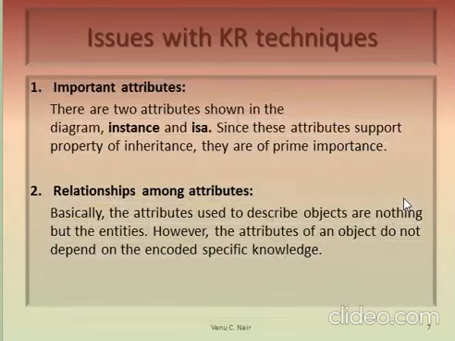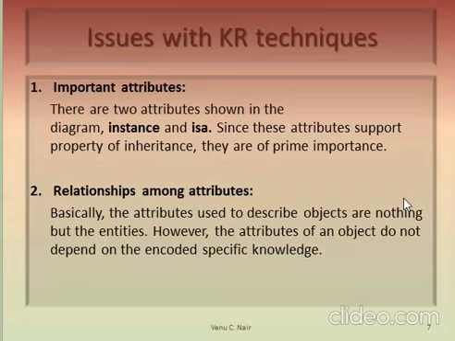For example, important attributes. There may be two attributes. Sometimes it can exceed two also, as shown in the diagram, which used instances and is-a relation. Since these attributes support the property of inheritance, they are of prime importance.